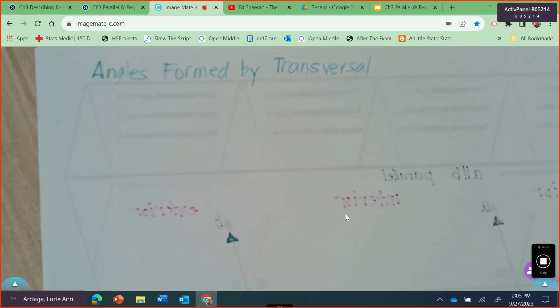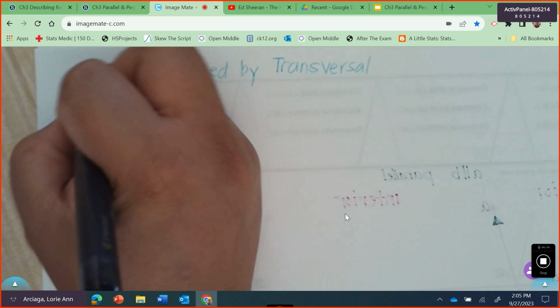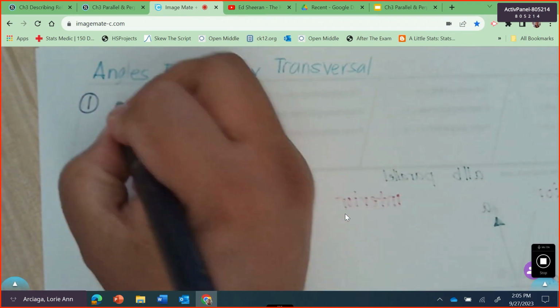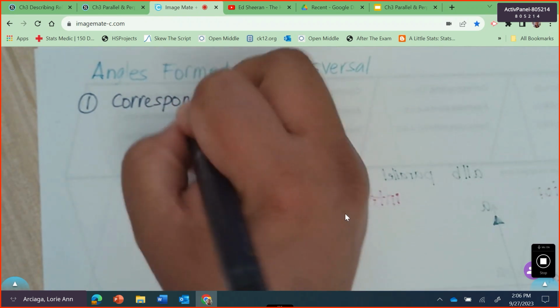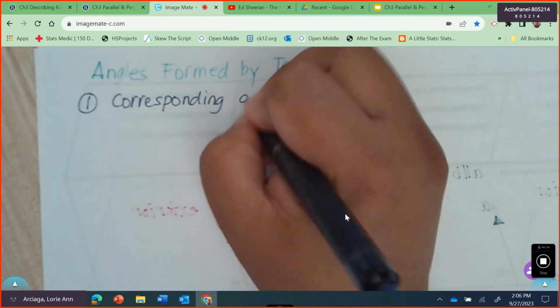Okay, so let's do number 1. Corresponding. Corresponding angles.